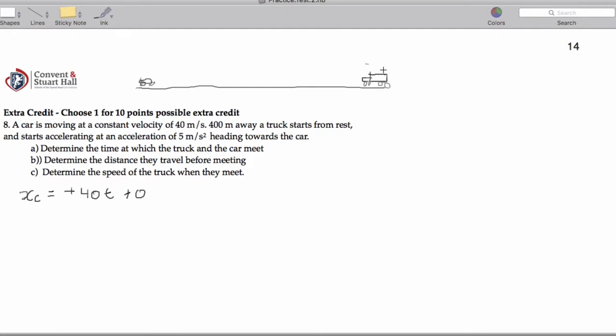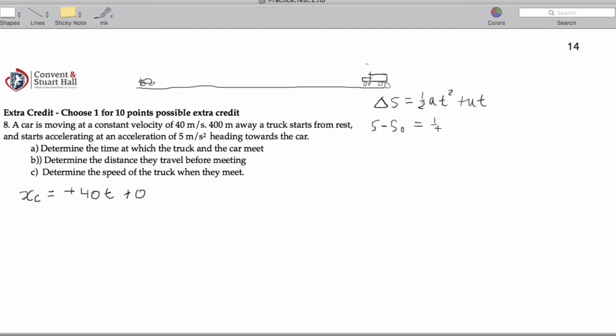Now, the truck, this is something we don't do in this class directly. But remember how I said S can be the displacement? So I'm going to write it as delta S equals 1/2 AT squared plus UT. And I just want to remind you that this is S minus whatever S you start at.